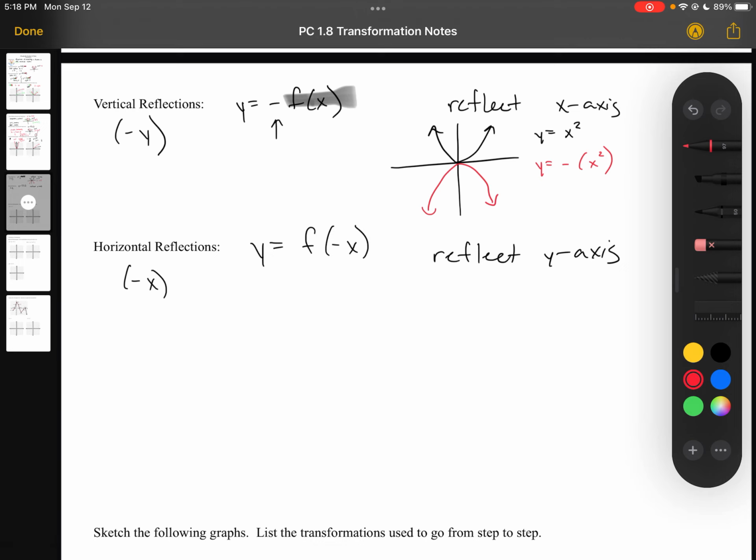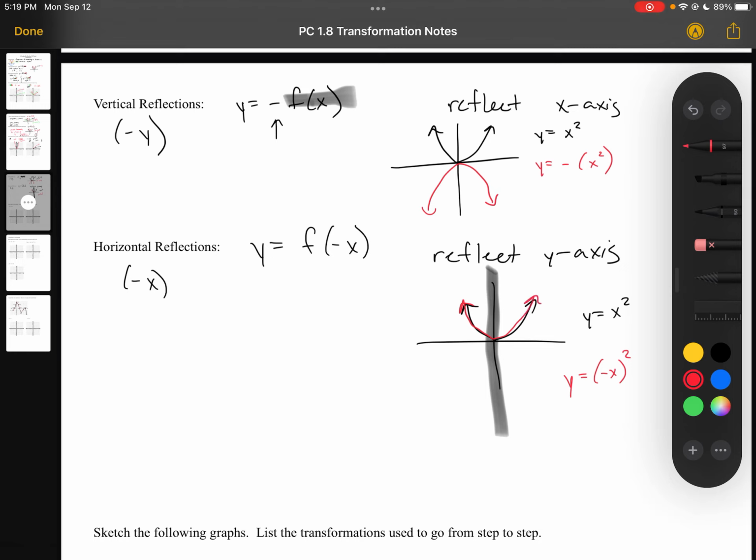But in a similar way here, if we have our second example, again using y equals x squared, and then what we do is we make just the x's negative. Well, this is going to reflect over the y-axis this time. So the y-axis is here. Anything on the right side of it goes to the left, and anything on the left side goes to the right.